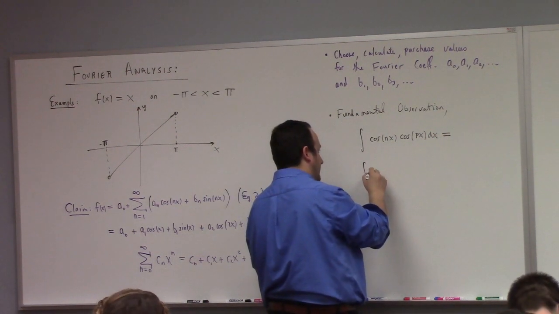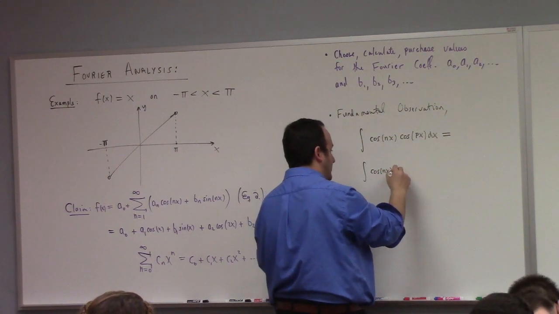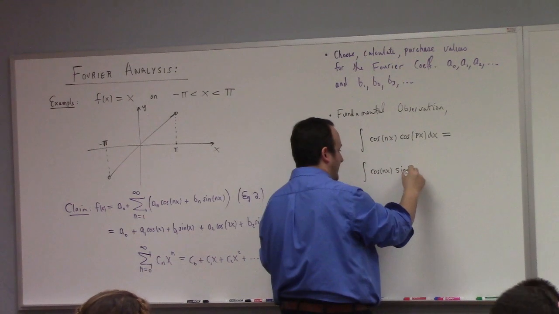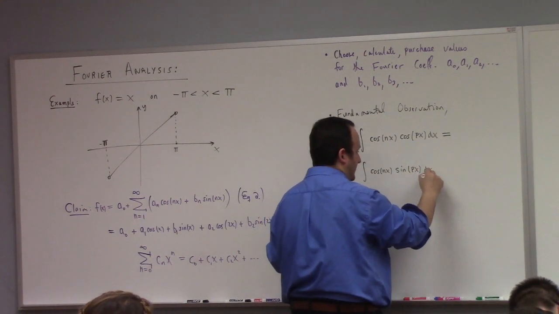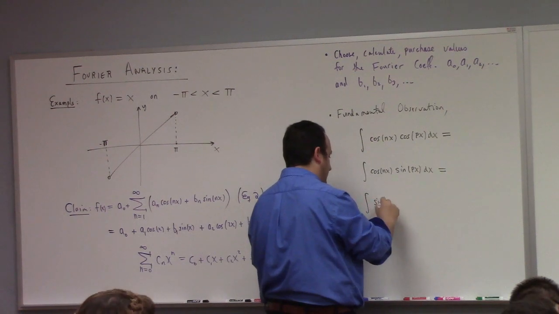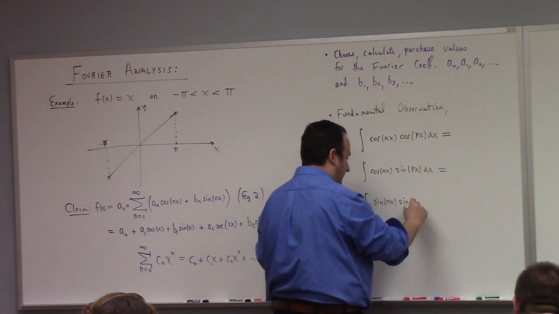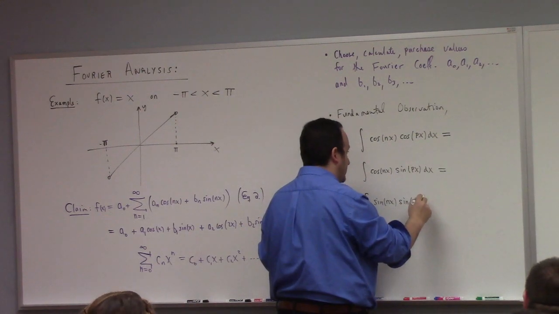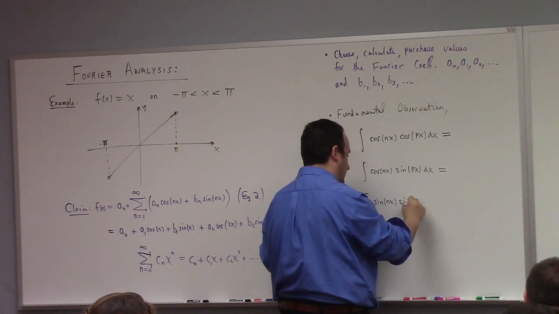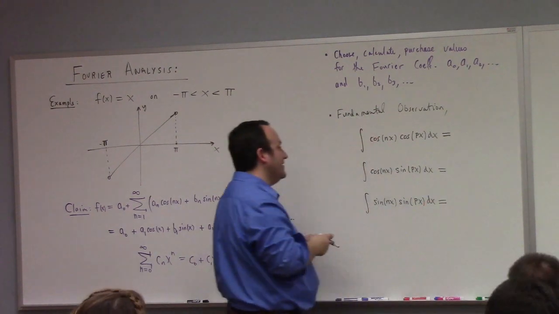And if we integrate the cosine of nx times the sine of px, we get a very particular thing. And if we integrate the sine of nx times the sine of px, we get a very particular thing.